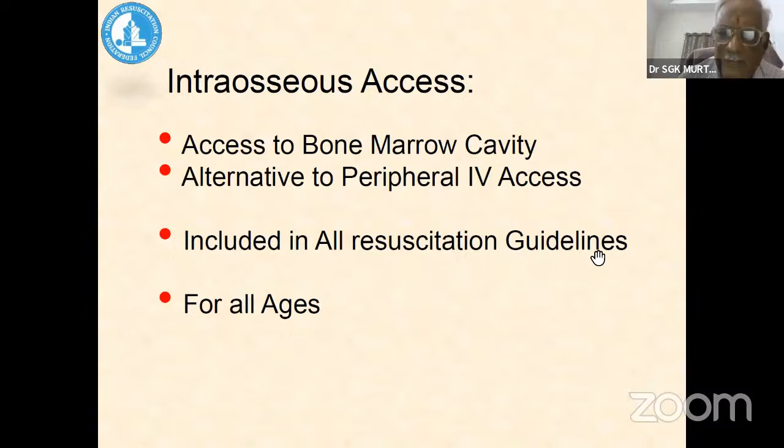This includes all the resuscitation guidelines, including pediatric life support and trauma life support. It can be used in all ages, and it is very easy in infants and children, and also in old people because of demineralized bones, whereas in young people it is difficult.